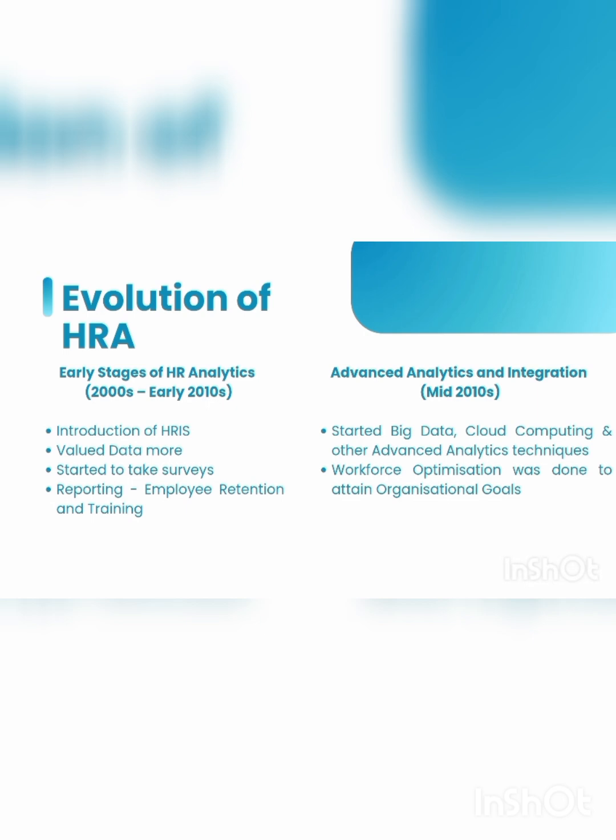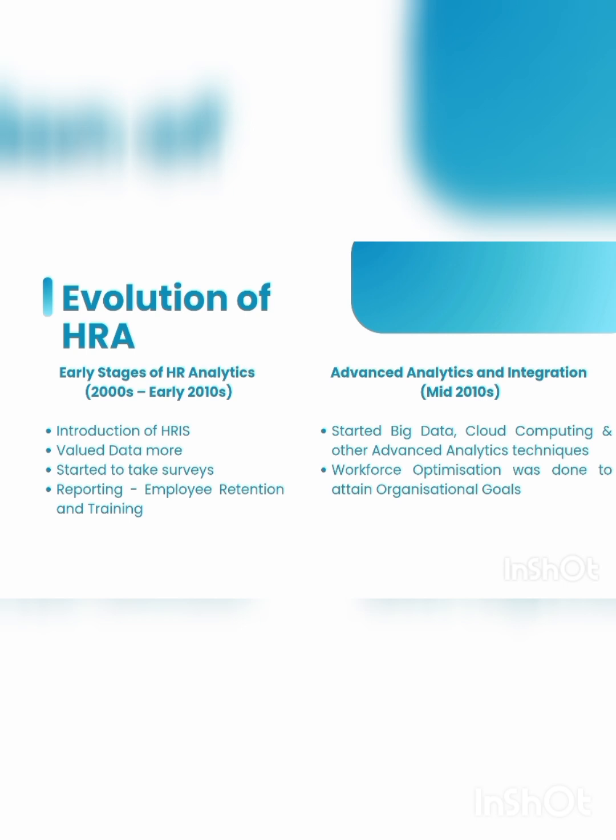During this period, HR analytics moved beyond basic reporting to more complex data analysis with the help of big data, cloud computing, and AI. Companies started using historical data to predict future trends such as which employees were likely to leave. Businesses optimized staffing levels, predicting the best times to hire or promote an employee.